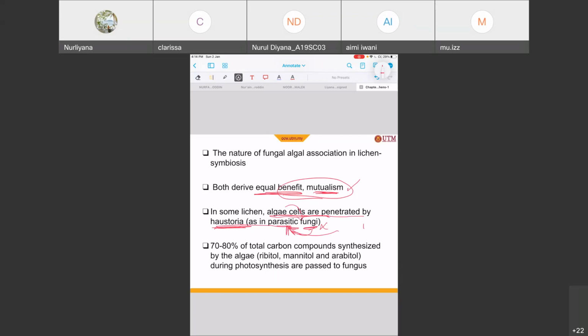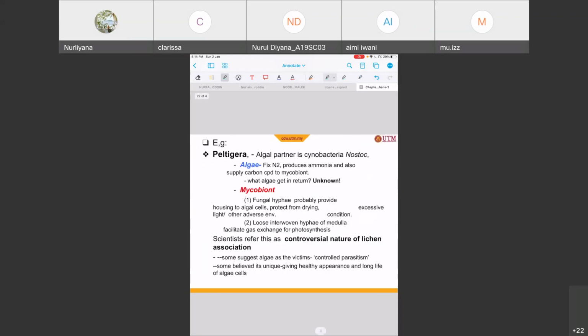So mainly 70 to 80% of carbon compounds are synthesized by the algae. So these are the types or the names of the byproduct, or the carbon compounds, which are ribitol, mannitol, and erythritol, that are synthesized by the algae during photosynthesis, which is passed to the fungus so that it is able to get food for its growth.